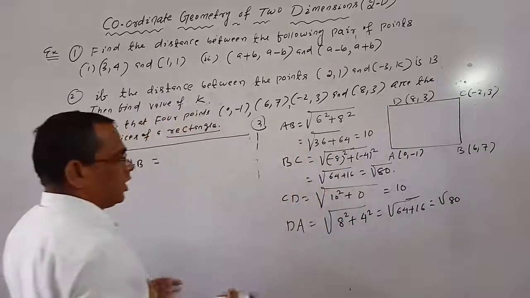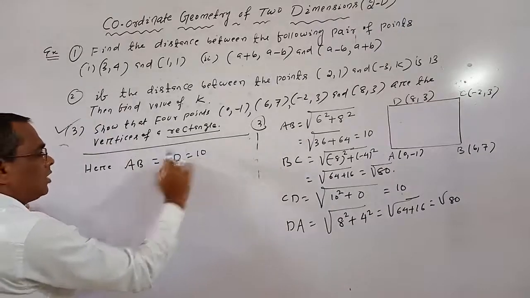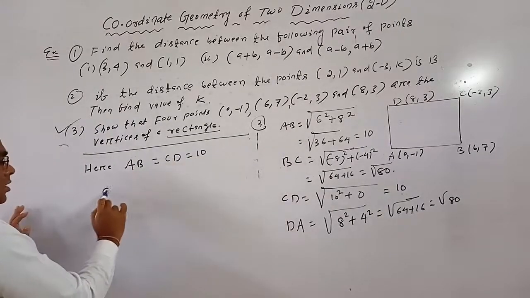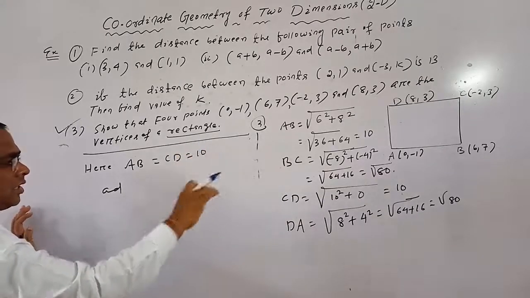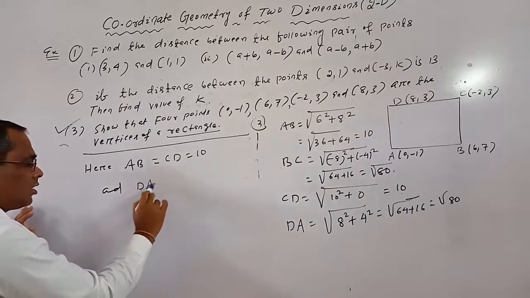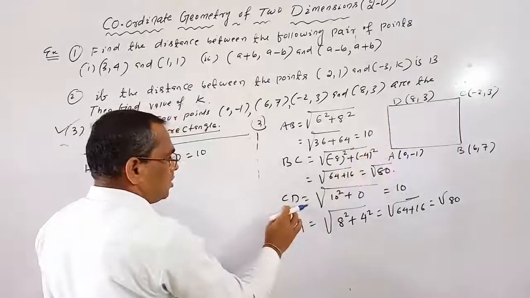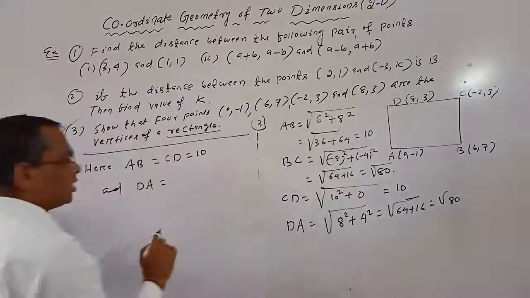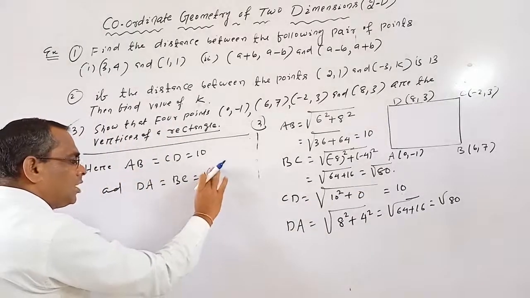So AB equal to 10 and CD equal to 10. So AB equal to CD equal to 10. And the other opposite pair of sides, DA equal to BC equal to root 80.